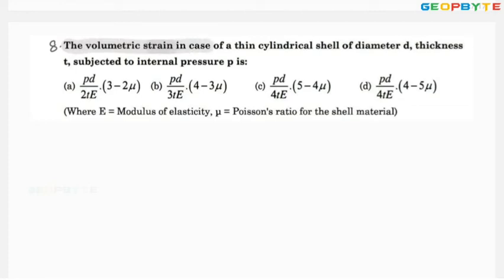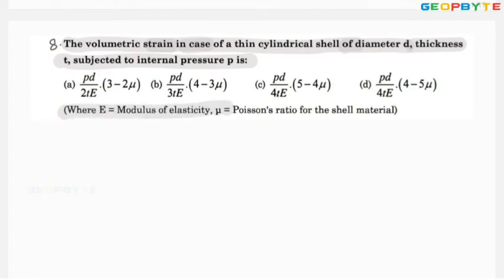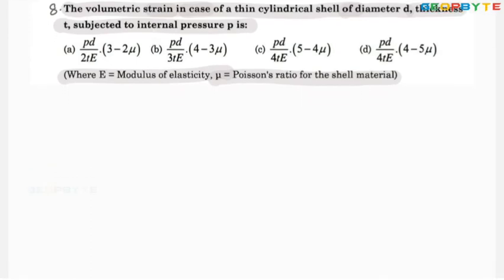The volumetric strain in case of thin cylindrical shell of diameter D, thickness T, subjected to internal pressure P, where E equal to Young's modulus, mu equal to Poisson's ratio. You are asked to find the volumetric strain.